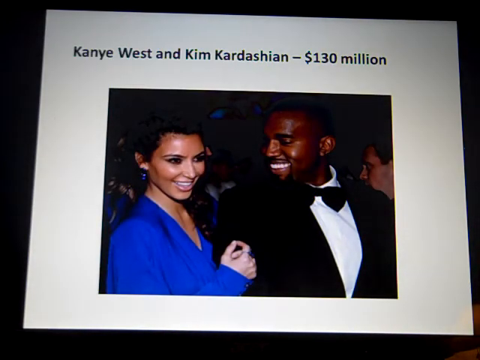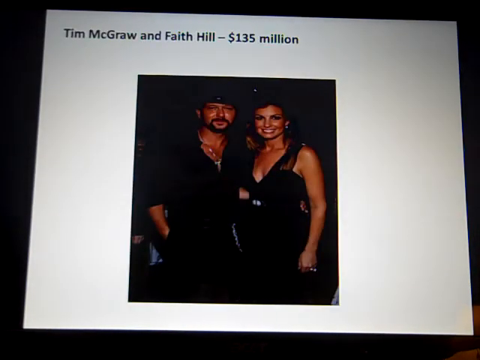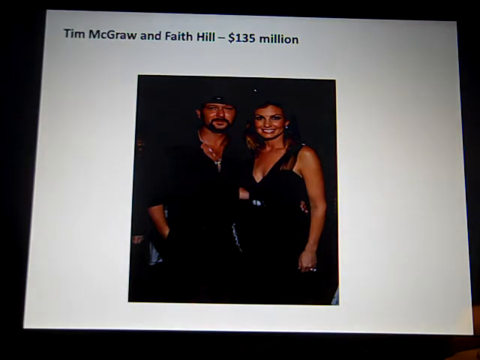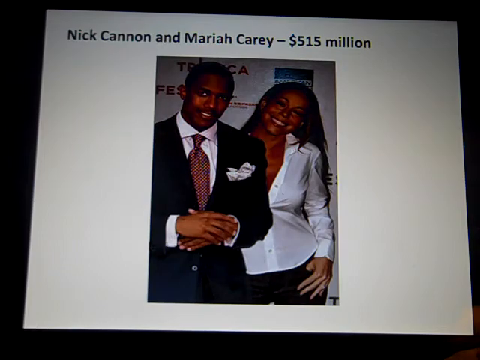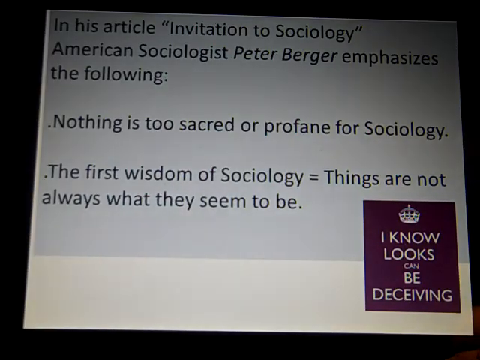So there you have some more examples of some rich and powerful couples. I've tried to represent every genre and different races and ethnicities here, doing my best. So we tend to see the rich marrying the poor. You know, that seems to be the exception to the rule, even though that does happen, obviously.